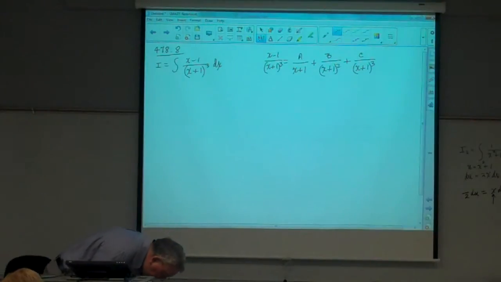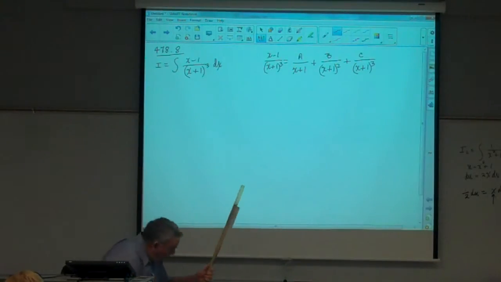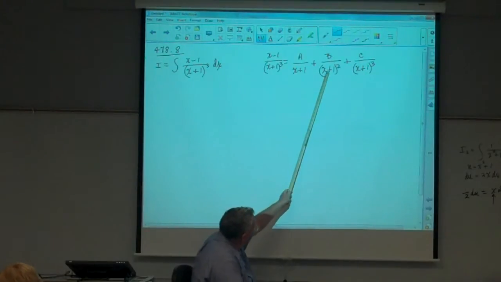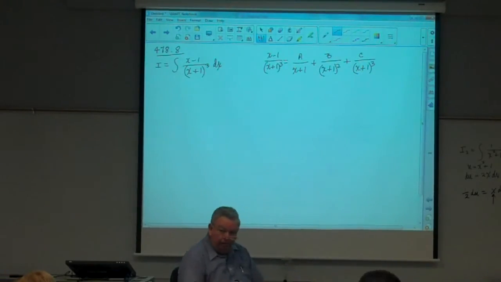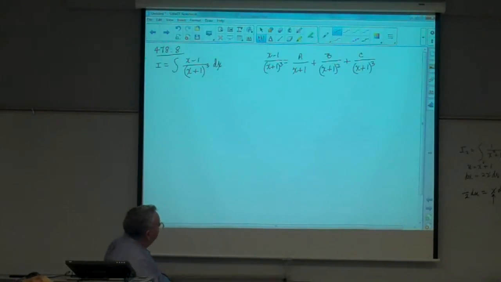Why didn't I put ax plus b anywhere? Because the denominator is just x plus 1. Because what's inside the parentheses everywhere is x to the first power, right? And that's why I didn't need to do anything else. Okay? All right.